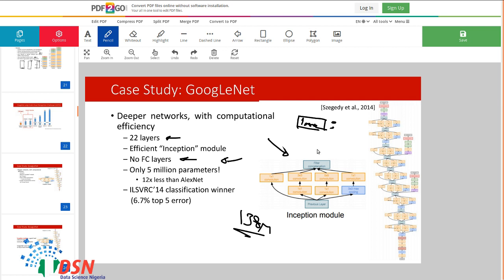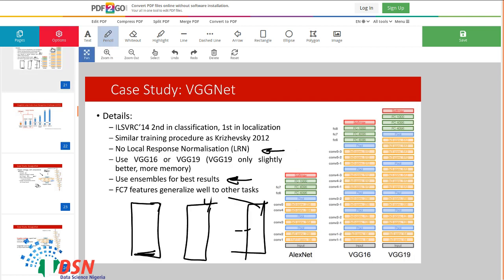Okay, this is the number of classes that this dataset has, and so we need a 1000 fully connected layer. But before that, unlike VGGNet and AlexNet, we don't have these fully connected layers. Okay.